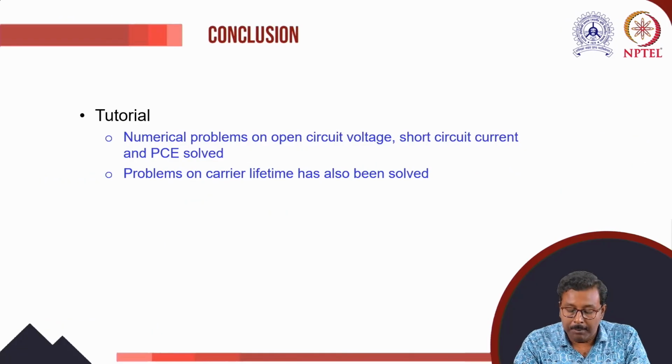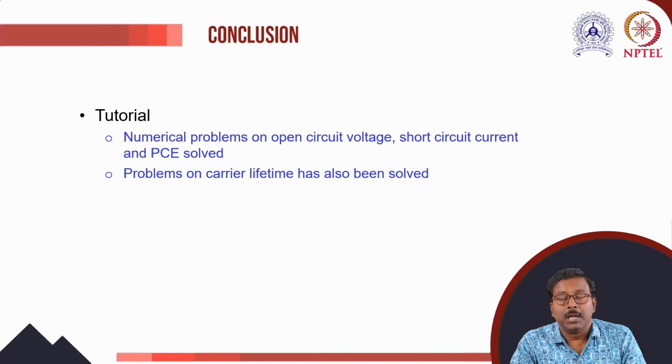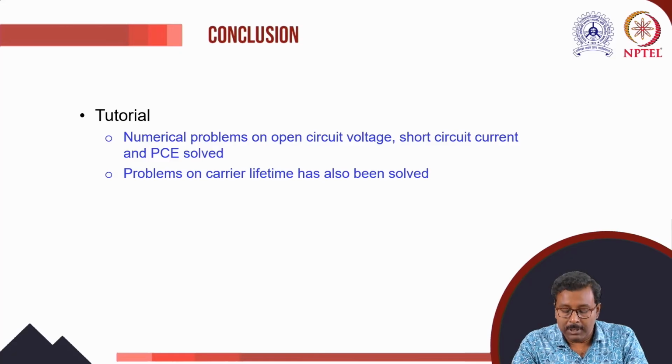So today we have solved 4 numerical problems based on IV characteristics, performance metrics like short circuit current, open circuit voltage, power conversion efficiency. Also we have solved a problem related to the maximum power delivered to the load.